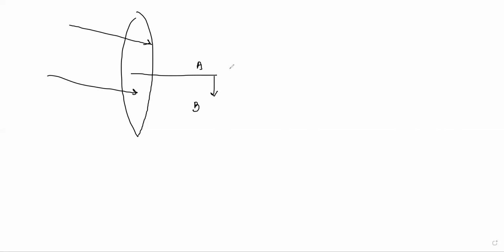And then you can put a lens here such that this image is at 2 times f1. So it is at the center of curvature of this lens, and the image will be at the opposite center of curvature, and inverted.